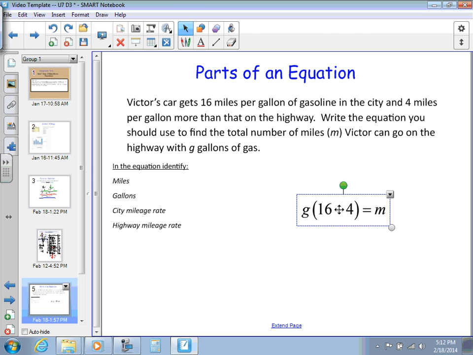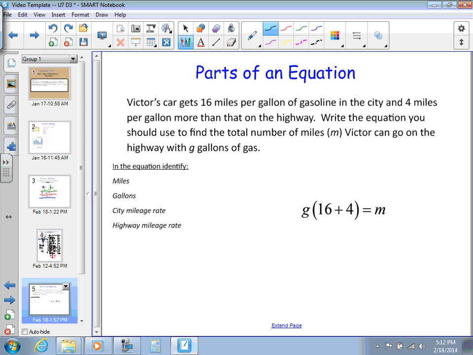So let's look at this. Miles, where would I find miles at? Well, that's a fairly easy one. It's right here. Where are my miles? Okay.